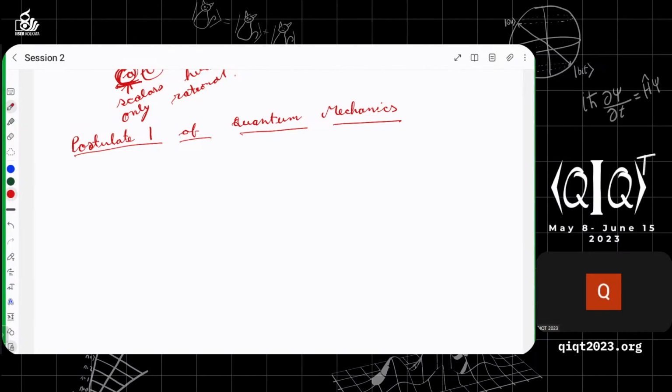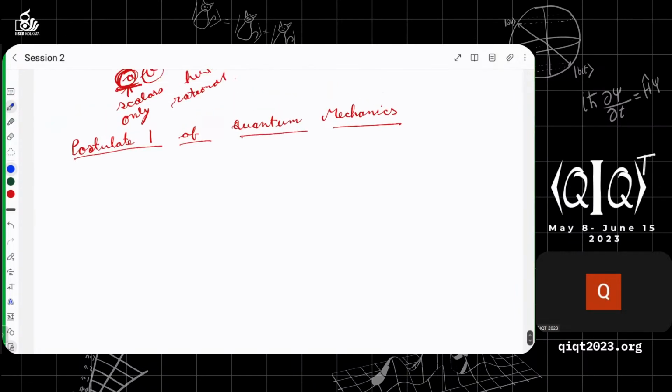Since they're postulates, some kind of axiom, we assume that they are true. We don't question why they are true. Of course we can justify why they are there in the first place, but we can't really question these basic principles.